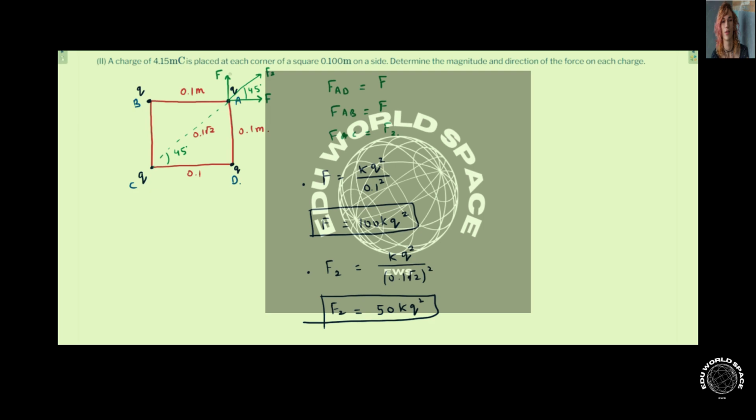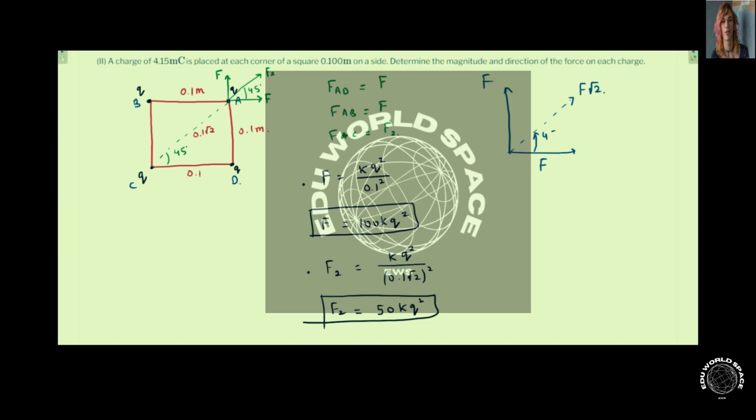Now we have to do the resultant of these three forces. For F and F, these are at 90 degrees with equal magnitude. Let's draw the figure over here for better clarity. If F is over here and F is over here, then the resultant will be at a 45-degree angle because their magnitudes are equal, and the magnitude is going to be F root 2, as per the Pythagoras theorem.